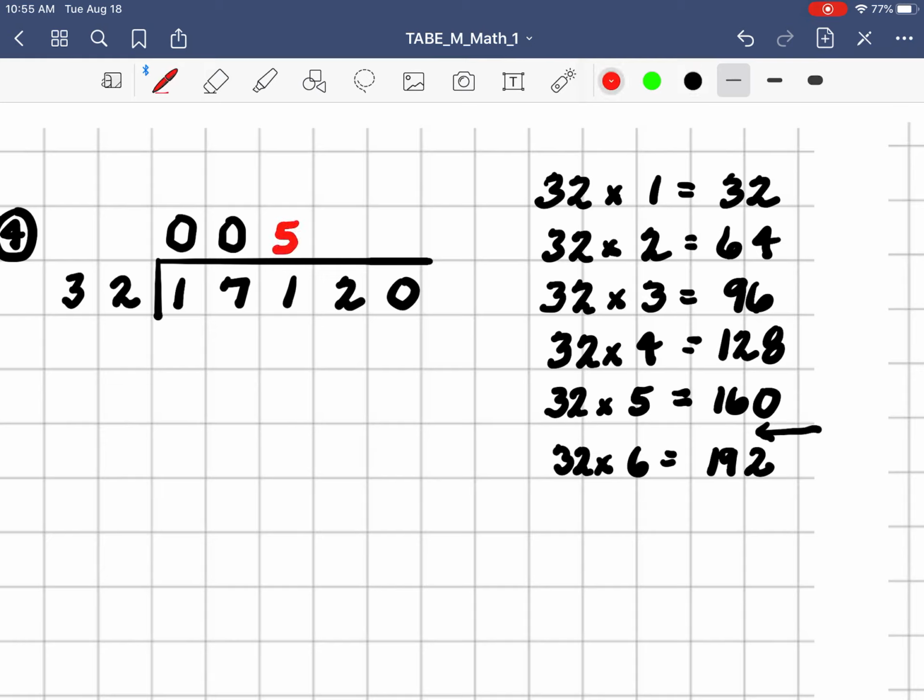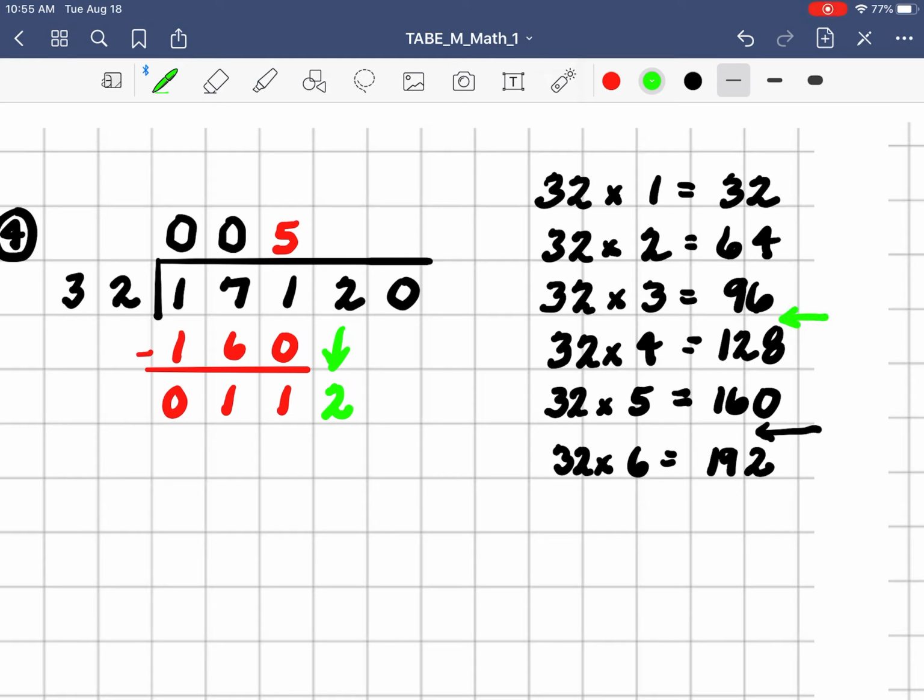5 times 32 is 160. And then let's subtract here. 1, 1, and 0. And bring down one number, just the 2. So 112 is what I'm looking for.